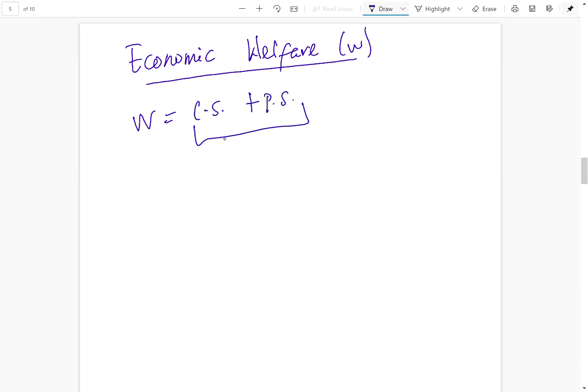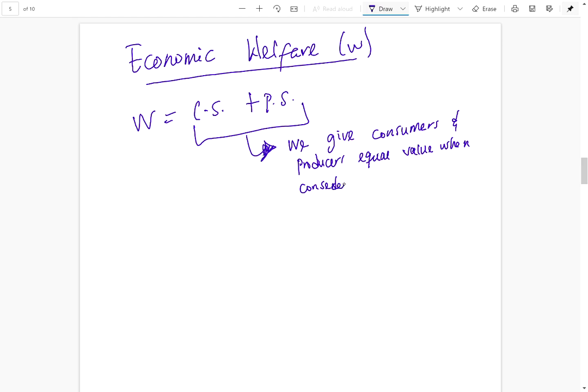The way we've entered these two things in this equation implies that we give consumers and producers equal value when considering their gain from participating in the market.